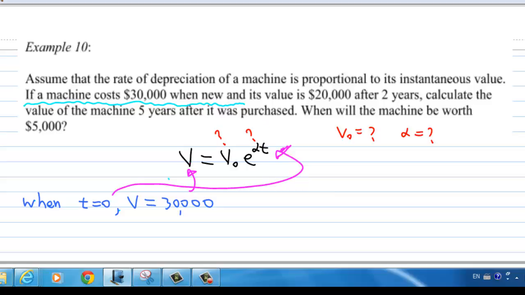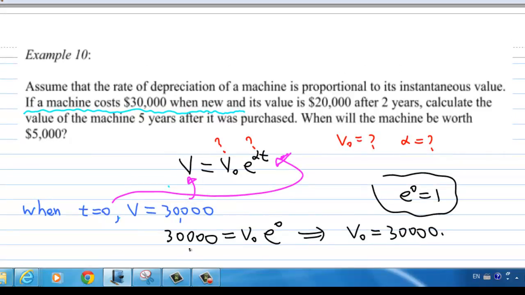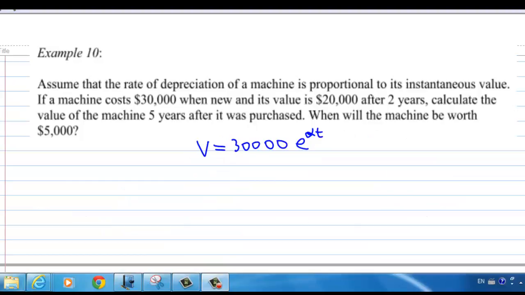Then we get 30,000 equal to V naught times e power 0. But e power 0 is 1. So that means V naught is equal to 30,000. Therefore, we know the value of the machine is given by V equal to 30,000 times e power alpha t.